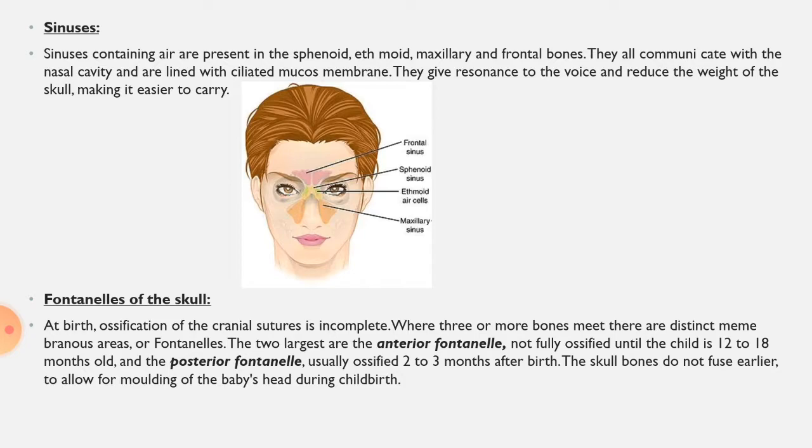The skull bones do not fuse earlier to allow for the molding of the baby's head during childbirth. So basically it accommodates the easy passage of the baby through the birth canal during labor.